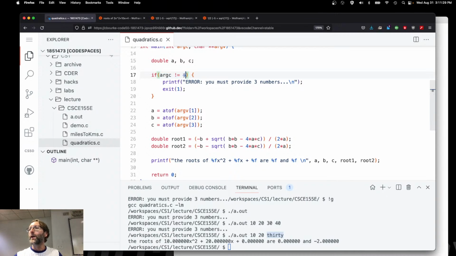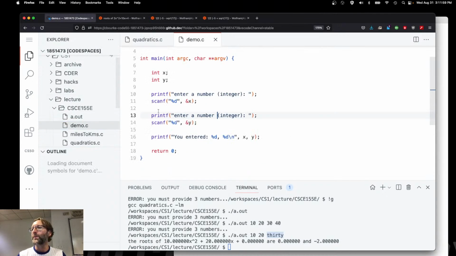Nope. It's not equal to 4, so the condition evaluated to true because 1 is not equal to 4. And so everything in this code block executed. Well, guess what? It exited the program at that point and killed the entire thing. So none of the rest of this actually executed, but that's only because we exited.